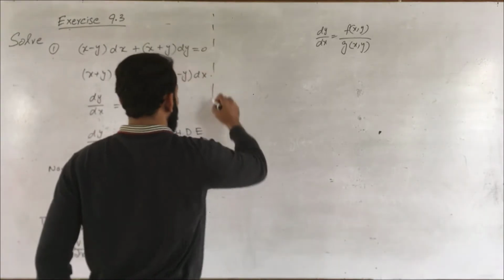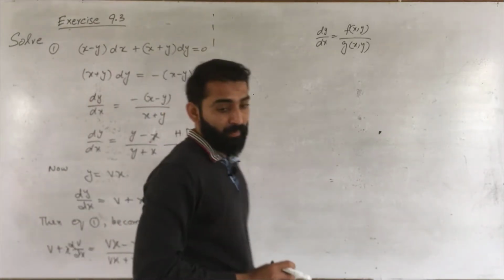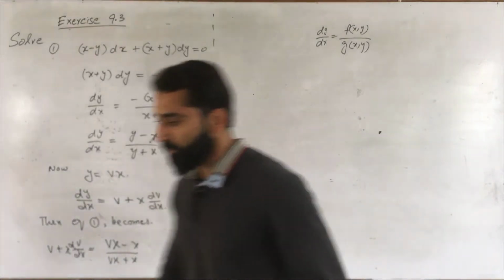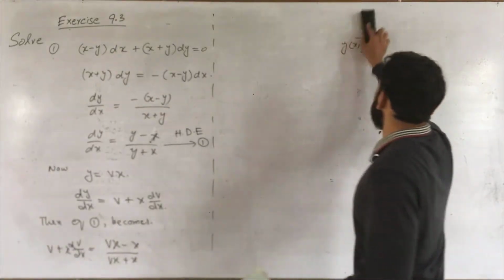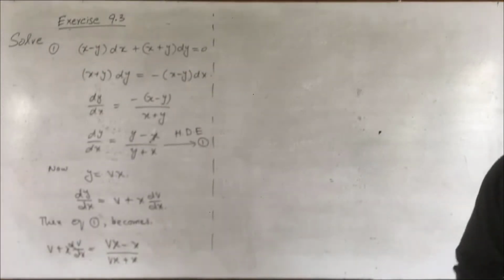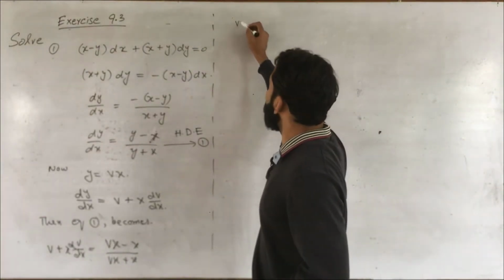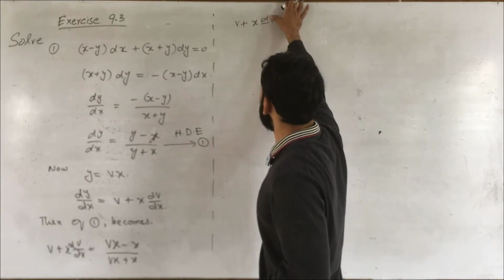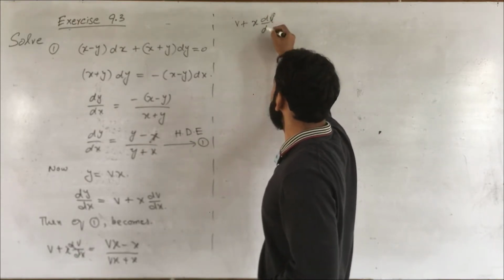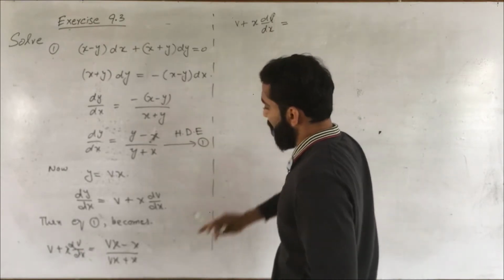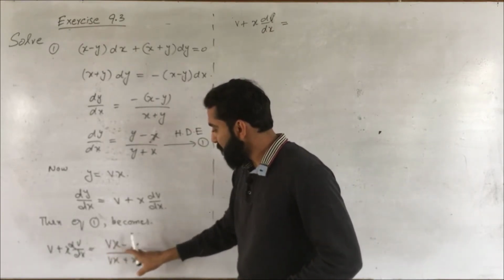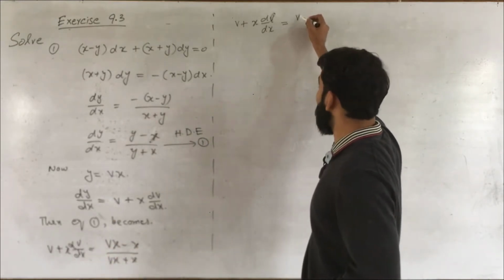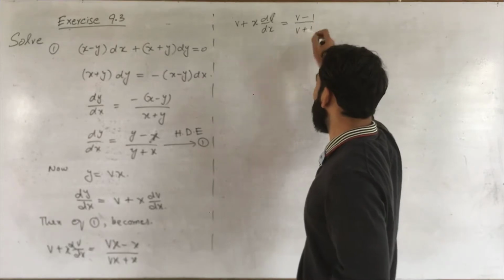Now by solving, we have v plus x dv over dx is equal to, if we take common x from the upper side and the lower side, it can be cancelled out and the equation remains v minus 1 over v plus 1.